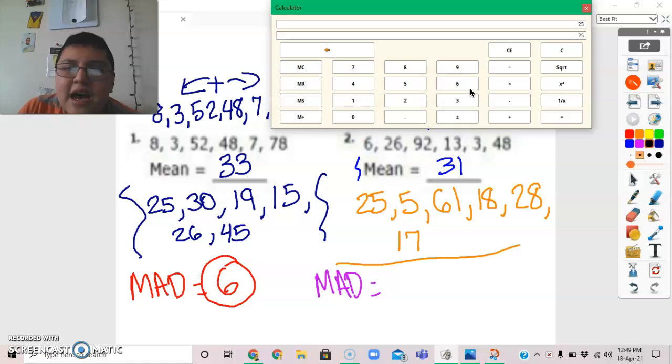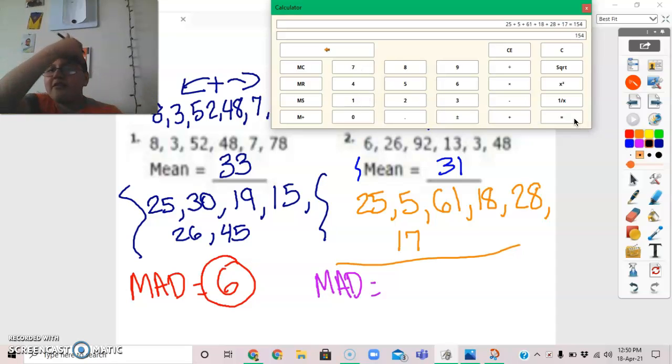So 25 plus 5 plus 61 plus 18 plus 28 plus 17, which is going to give us a grand total of 154, but you're going to divide by how many numbers, which are 1, 2, 3, 4, 5, 6. So 154 divided by 6, and our answer is going to be 25.66666, and it's going to keep on going.